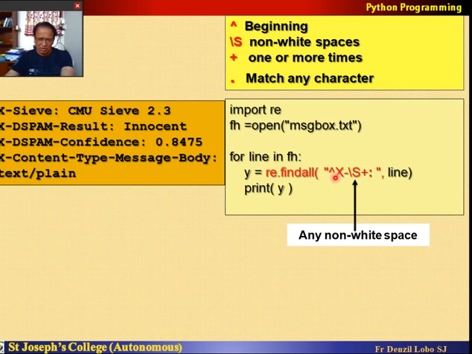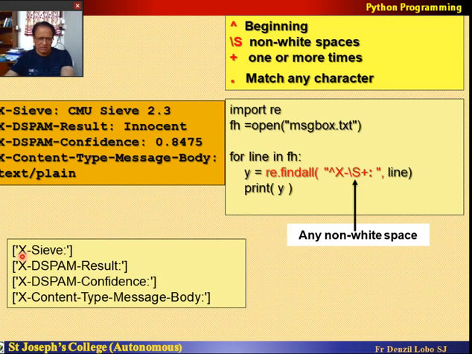It is going to find all the data which starts with x, and dash is there, and any non-white space character, one or more times, ending with colon. So what is the result going to be?